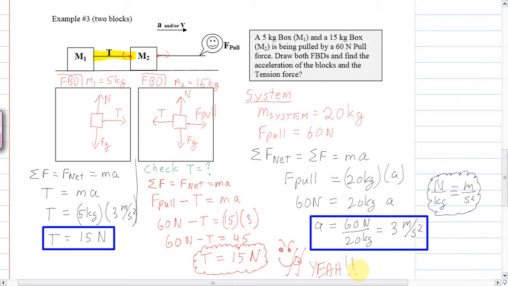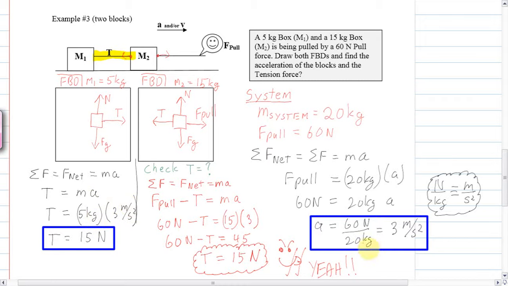So I drew the free body diagrams, I calculated the system, I used Newton's second law once here and ignored all tensions, calculated the acceleration of the system. And then I went over here and calculated for one box, Newton's second law, the mass is only of that box.